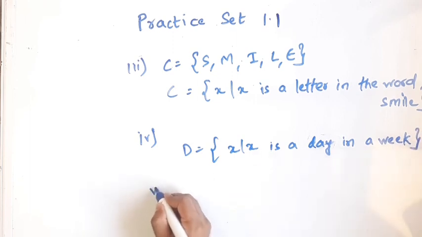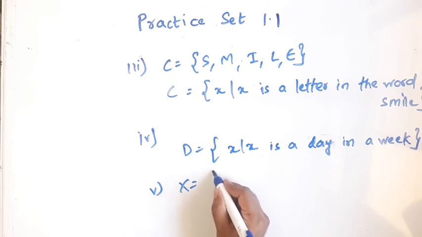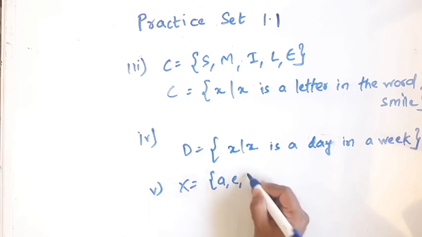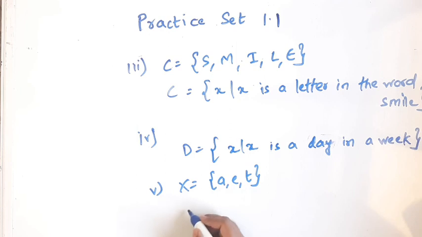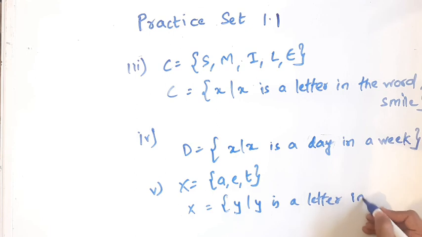Okay. Then fifth one is x equals to AET. Okay, so you will write x is equal to set of all y such that y is a letter in the word T.